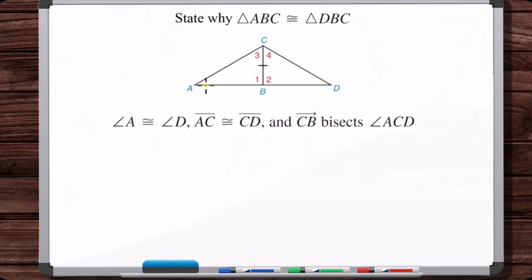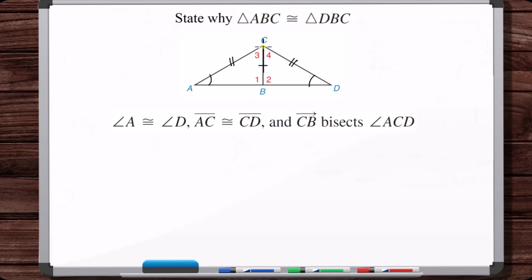So now here we've got angle A is congruent to angle D. We've got segment AC is congruent to segment CD. And ray CB bisects angle ACD.